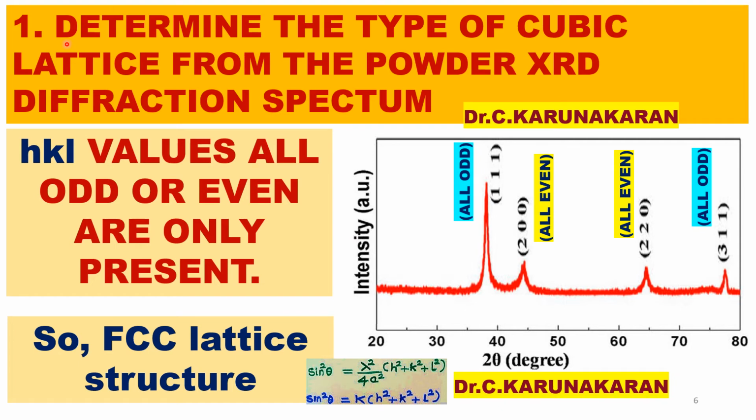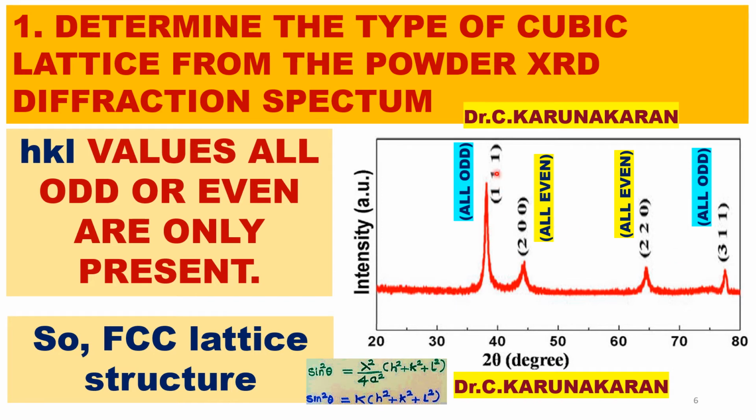Let us solve a problem, that is to determine the type of cubic lattice from the observed XRD spectrum of the polycrystalline sample, powder sample. This is the powder XRD spectrum obtained for the polycrystalline sample. In powder XRD spectrum, the intensity of each reflected line is plotted against the angle of incidence, 2 theta.